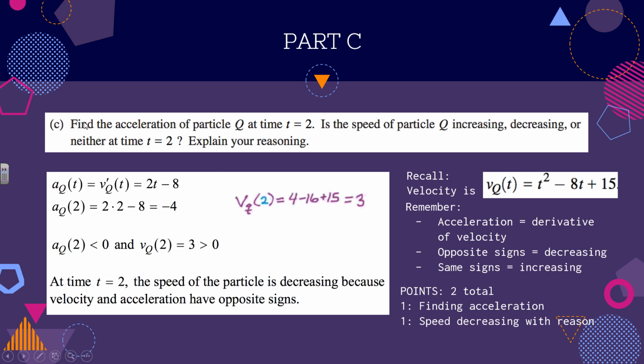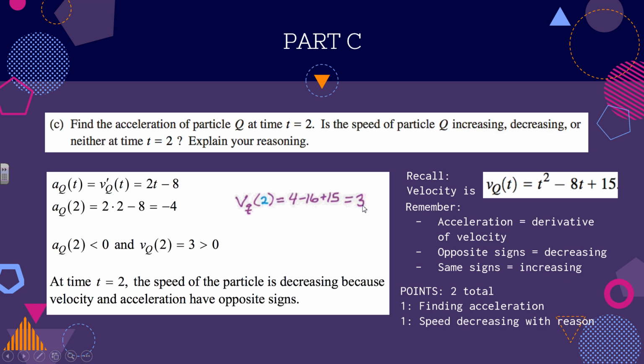All right, in part C, find the acceleration of particle Q, and then is the speed increasing, decreasing, or neither. To find the acceleration, you just want to take the derivative of the velocity. So that's 2t minus 8. Then plug in 2 to get the acceleration. Now the acceleration is negative, but in order to tell if this particle is speeding up or slowing down or neither, you need to also find the velocity at 2.